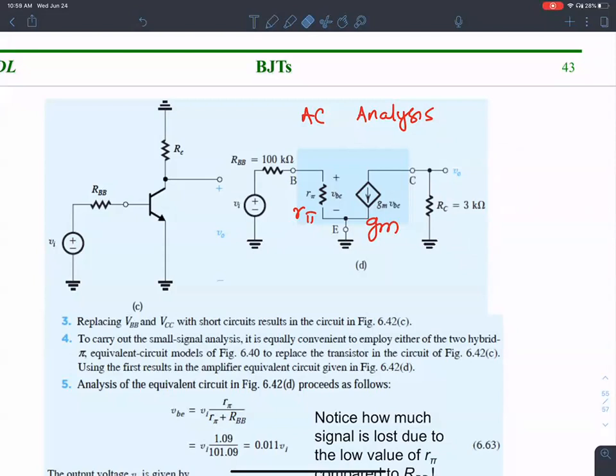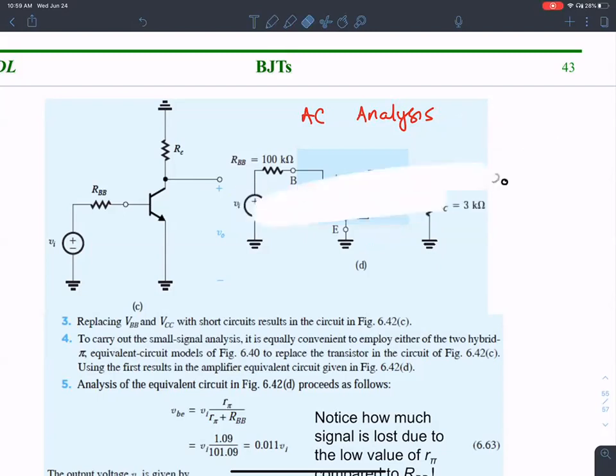So all you want to remember is how much change in input causes what change in the output, V output. You're interested in finding the expression between V output and V input, because that's gain. The question was to find the gain.